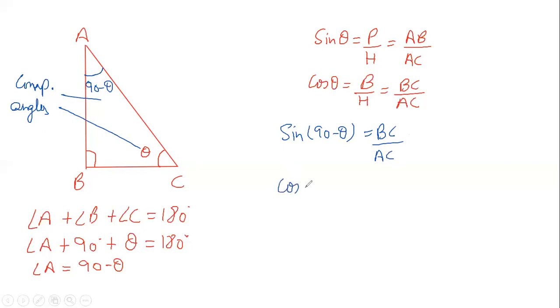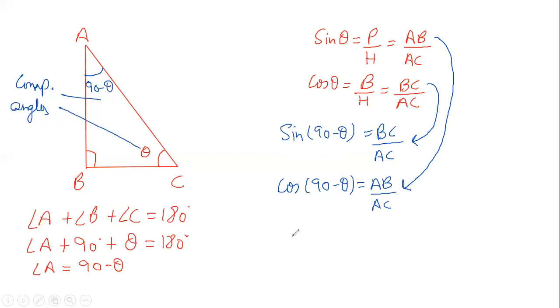And similarly, if I try to go for cos 90 minus theta, that means if I try to figure out the cosine of angle A, I will realize that according to this angle, the base is AB and the hypotenuse is AC. So if I see this clearly, I will realize that sine theta is AB over AC, which is actually equal to cos 90 minus theta, which is also AB over AC. And cos theta, which is BC over AC, is also equal to sine 90 minus theta.